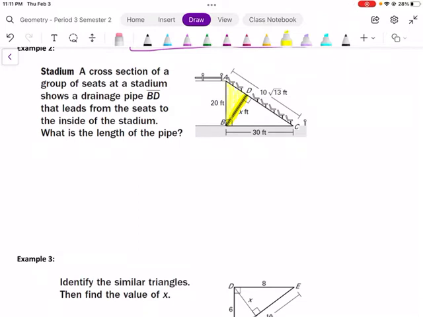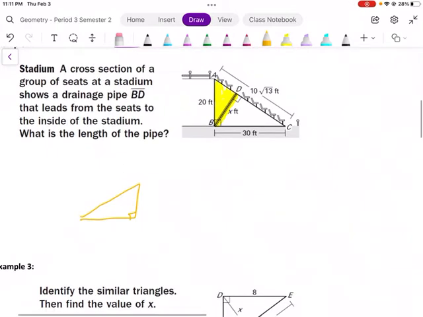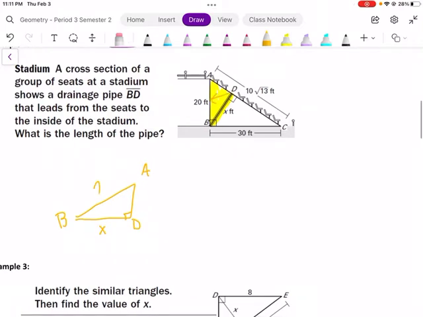So if I start by drawing my triangles so they're all going in the same orientation, I'll start with the smaller one. The longer leg on that one is going to be X. And we are given also the hypotenuse, which is opposite of that 90-degree angle, which would be 20 feet.